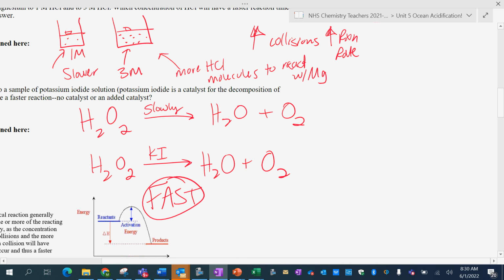It's a little bit different here for a catalyst. If you've got an energy diagram, what a catalyst does is it lowers the activation energy. So it makes the reaction faster by a different mechanism. It lowers the activation energy required to get the reaction going.